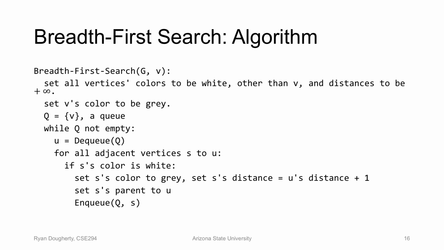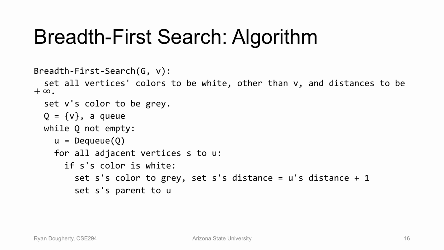Here, parent means that we could also reconstruct the path from the starting vertex V to this vertex S. So essentially, we can reconstruct how we were able to explore the vertices. Sometimes we don't consider this, but sometimes we do.